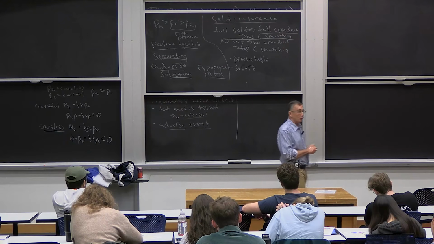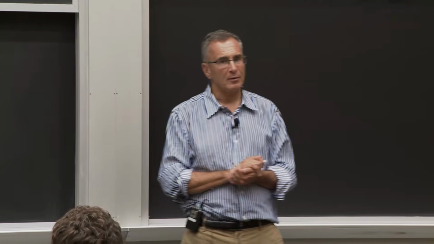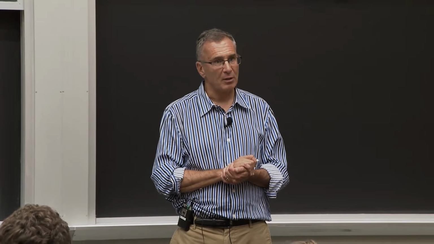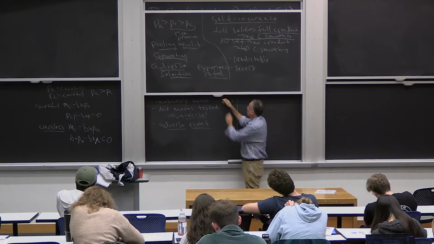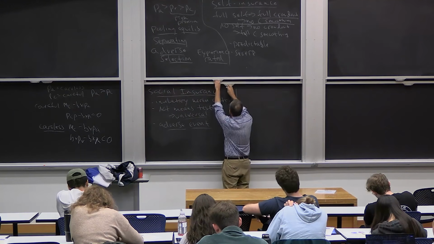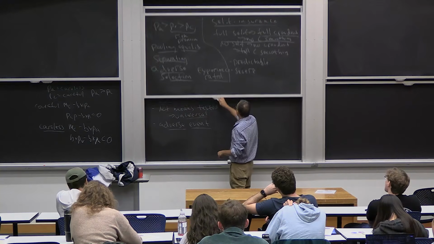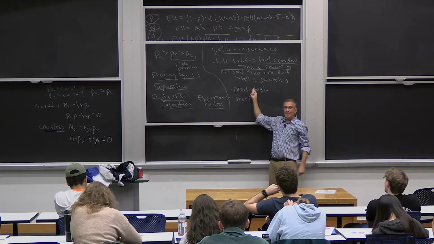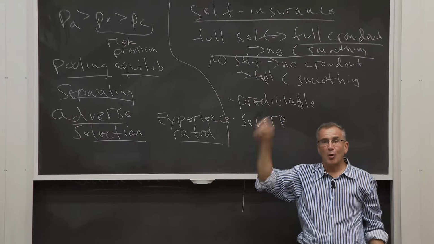What's the cost of social insurance? The moral hazard. What's the benefit? The consumption smoothing. So the government should provide you insurance until the amount of consumption smoothing you get equals the moral hazard it's causing.